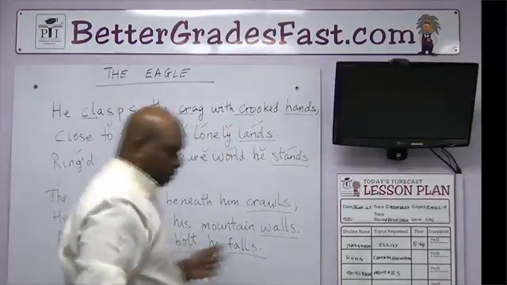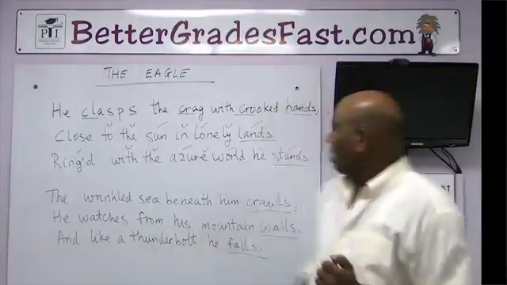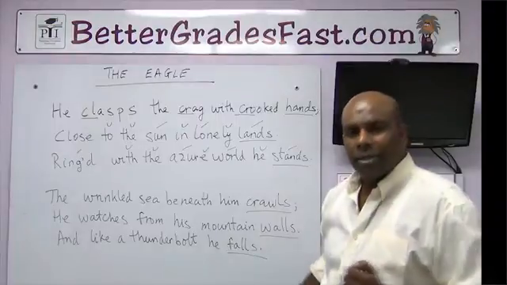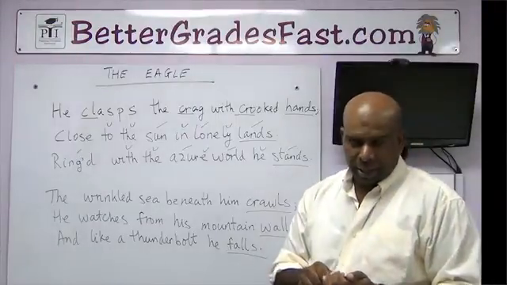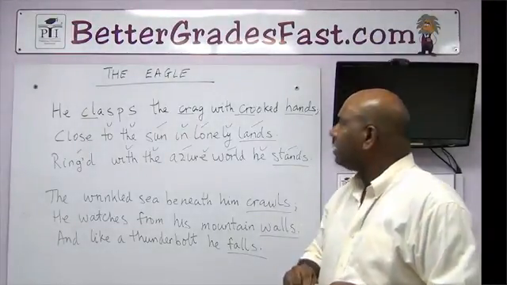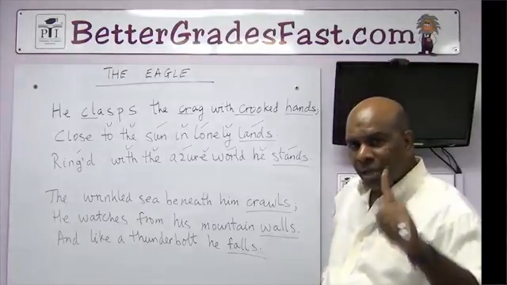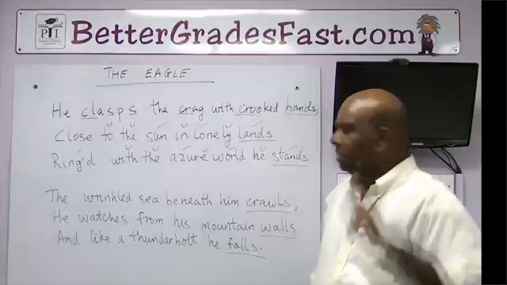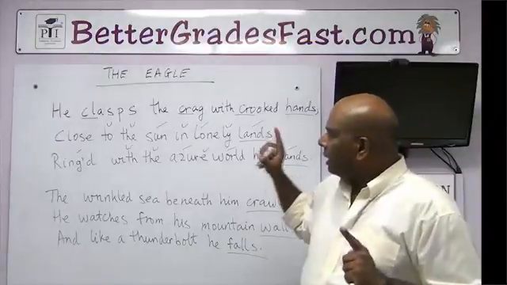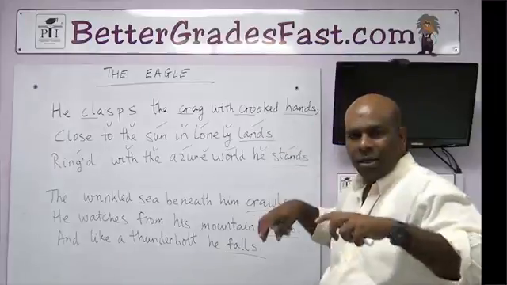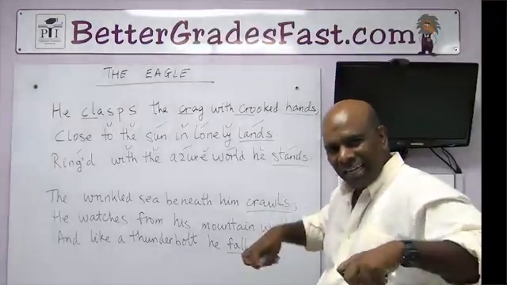So between clasp, crag, and crooked, we have a k sound being created. And in terms of that k sound, it creates the rhythm. It also creates imagery, and we're going to come to that soon. So he clasped the crag with crooked hands. We can imagine grabbing it and crack.